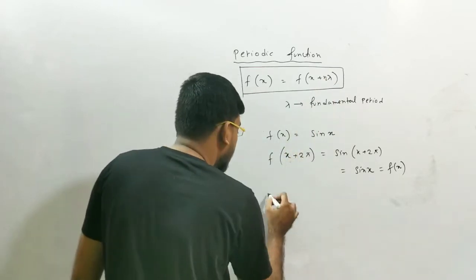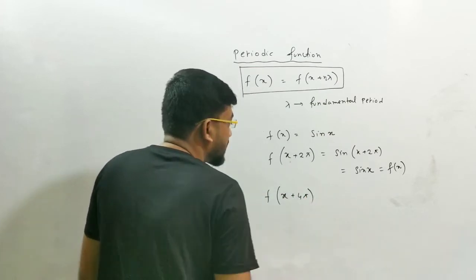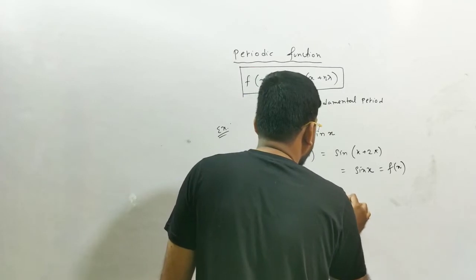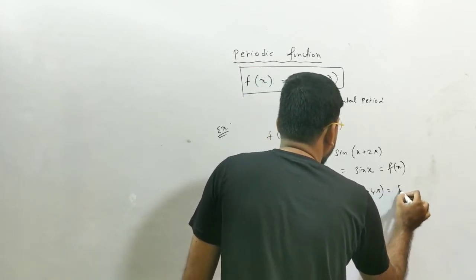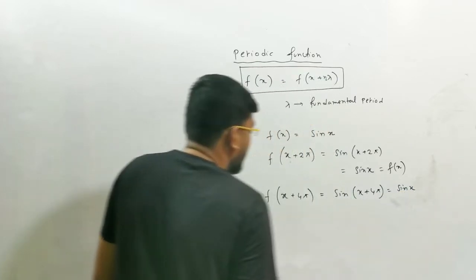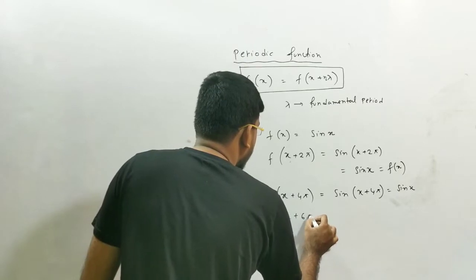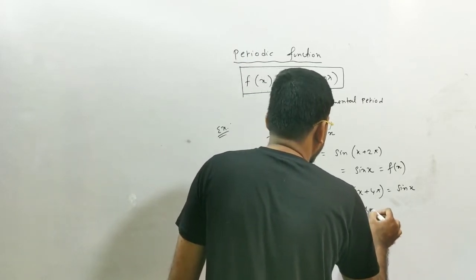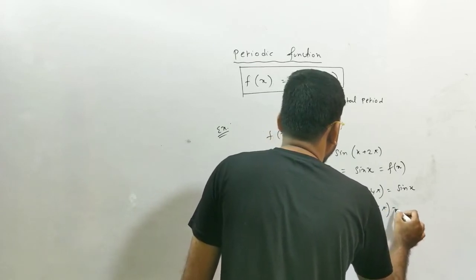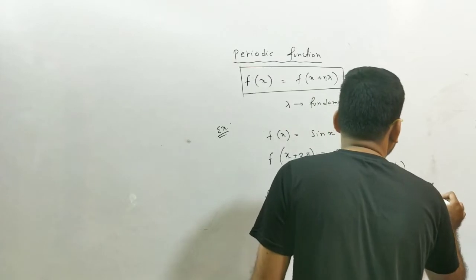Otherwise, if you write f of x plus 4 pi, you get sin of x plus 4 pi, which is also sin x. Similarly, f of x plus 6 pi gives sin of x plus 6 pi, which is also sin x. So you always get f of x.